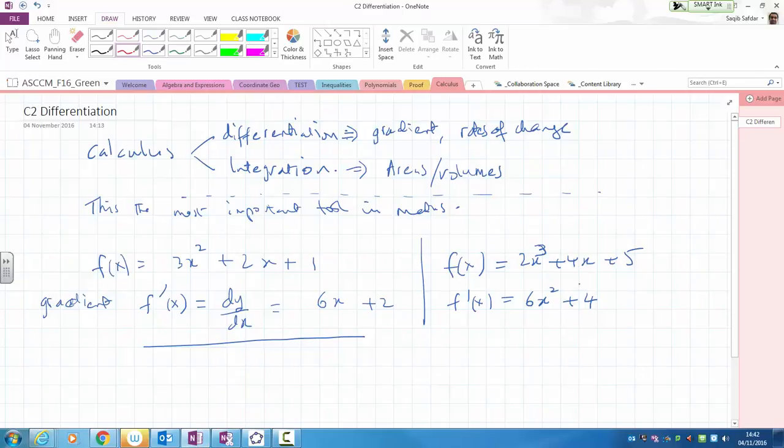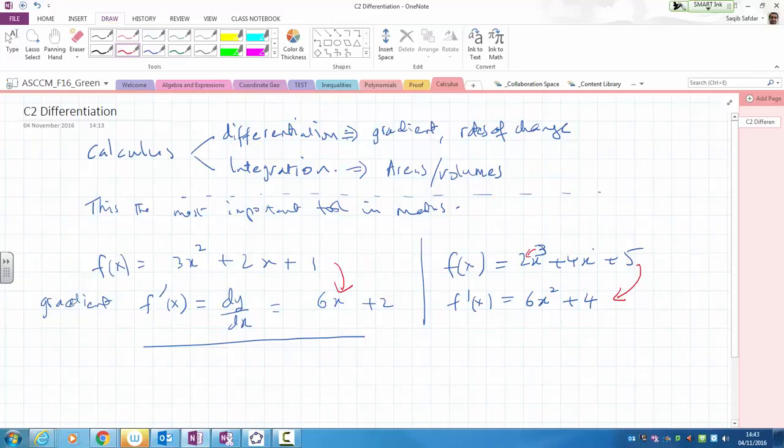Well, maybe, but what I'm trying to ask is, how do I go from f(x) to f prime x without using the software package at the moment? You multiply the power by the coefficient and take away 1 from the power. So you do 2 times 3, which is 6. Take away 1.